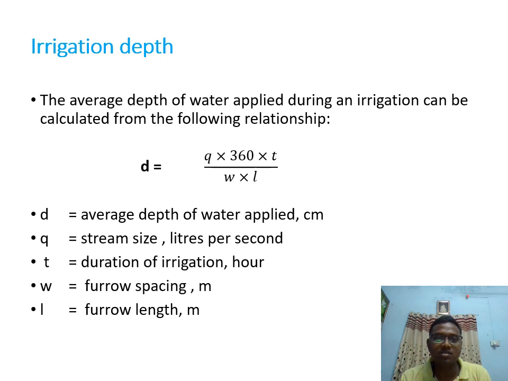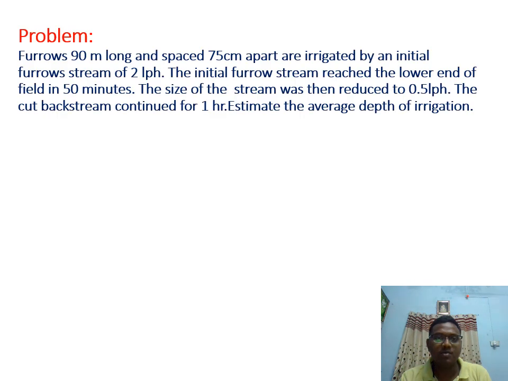We will see this calculation with the help of one example problem. A furrow 90 meter long, and spaced 75 centimeter apart, is irrigated by an initial furrow stream of 2 lps.